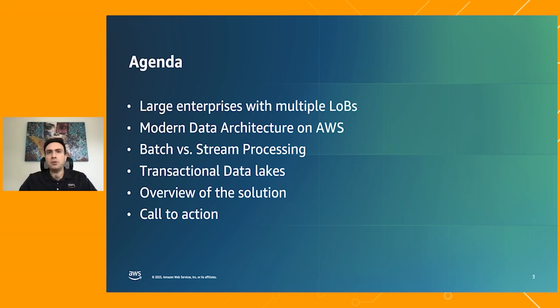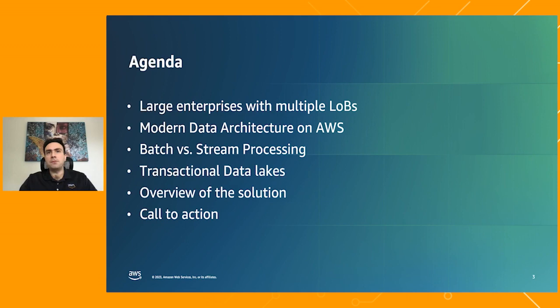We are going to dive deep into the challenges of large enterprises with multiple LOBs. Then we want to dive deep into the modern data architecture on AWS, and understand how it is the answer to solve those challenges.